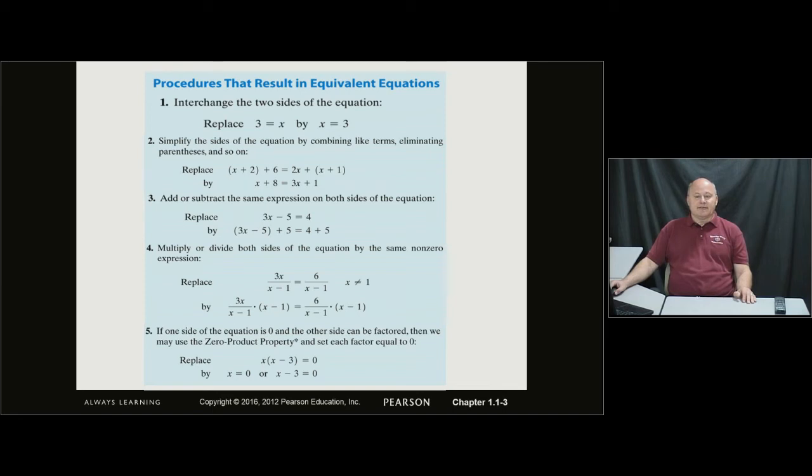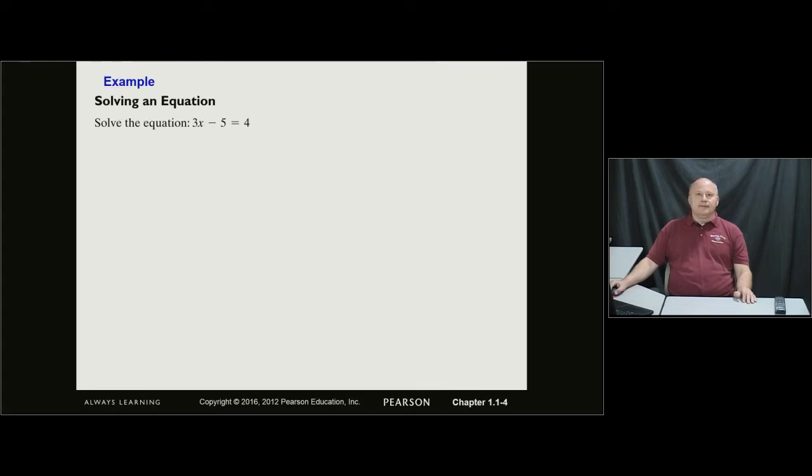Some people just simplify it down to that. Basically, if two things are being multiplied and equal 0, then one of those things has to be 0. That's where that comes from. In other words, if a times b equals 0, then either a equals 0 or b equals 0. And so in this case, a is the x and b is the x minus 3. All right, let's move on.